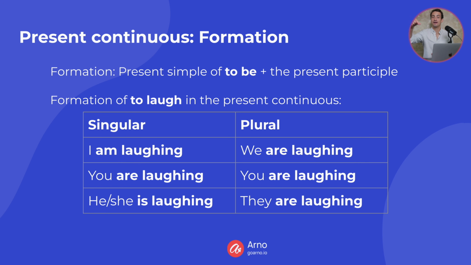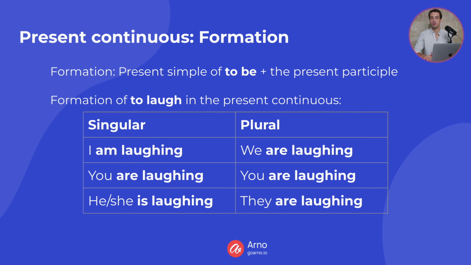I am laughing. Okay, so I am, that's the present simple, plus the present participle, laughing. Generally speaking, present participles are the ing form of a verb. So in this case, laughing. You are laughing. He or she is laughing. We are laughing. You are laughing. They are laughing.